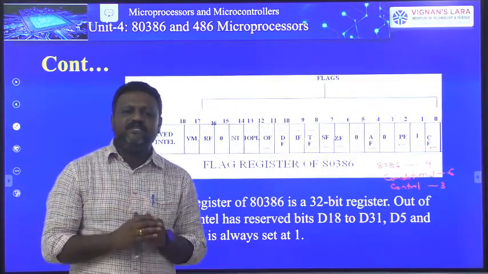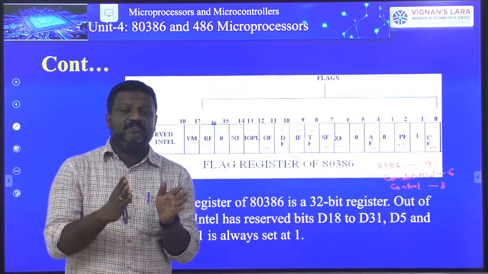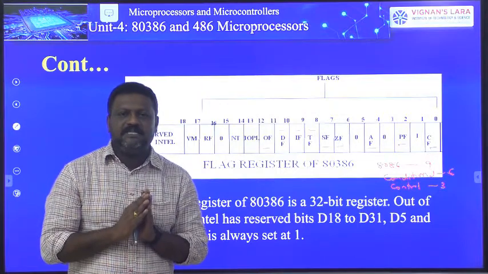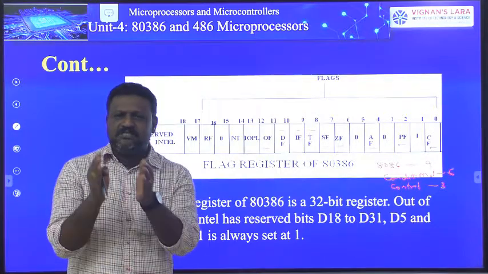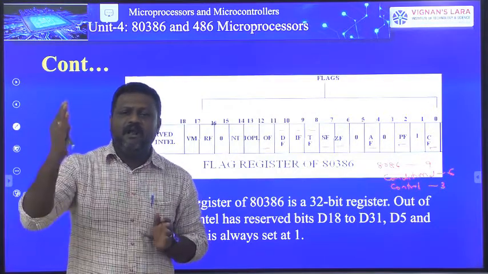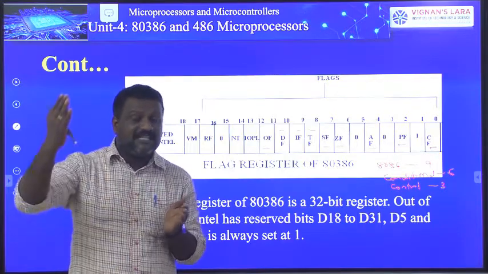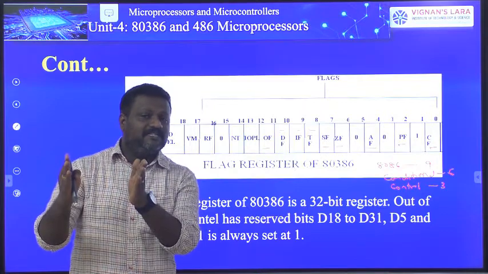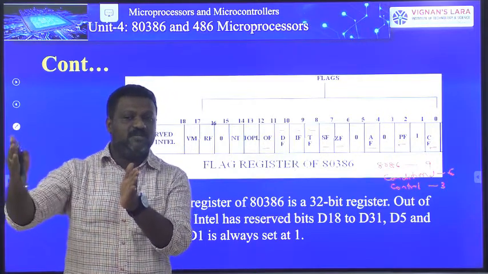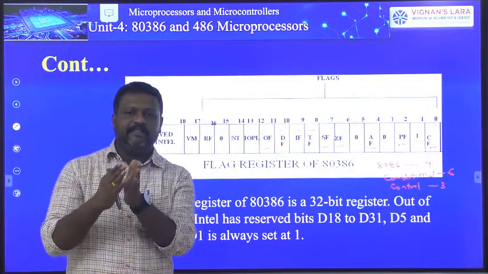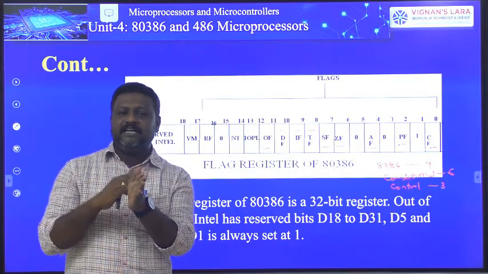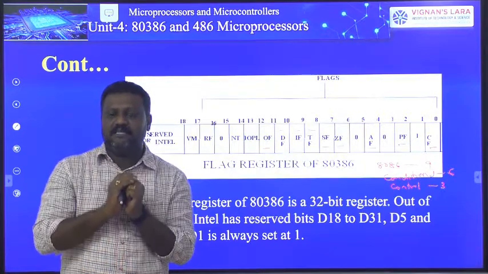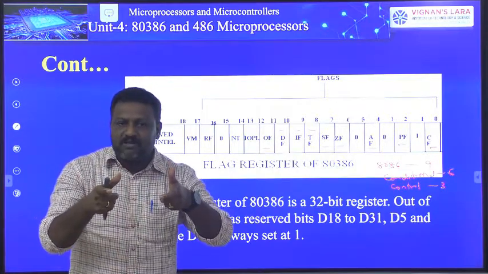Case 1, in addition, the carry was transferred from bit position D3 to D4. That means in the addition process, the carry was transferring from the last nibble to the last-but-one nibble. The last nibble has bit positions D0, D1, D2 and D3, and the next higher order nibble has D4, D5, D6 and D7.